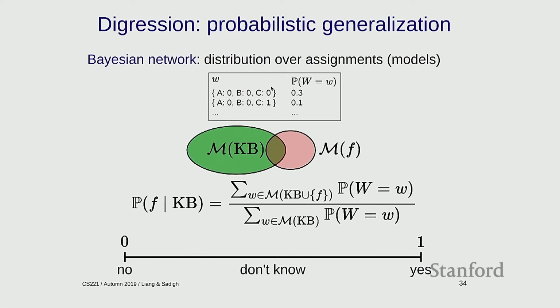When we talk about Bayesian networks, we're defining a distribution over assignments to all the variables. So what I'm saying is, assume there is some distribution over complete assignments to random variables, and I can use that to compute probabilistic queries of the formula given knowledge base. Am I answering your question?